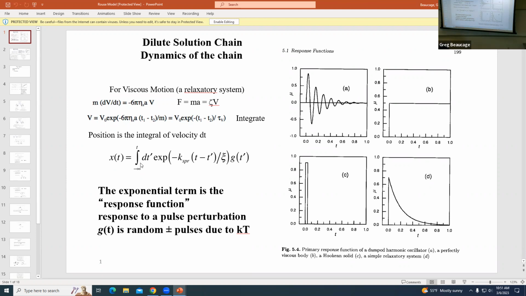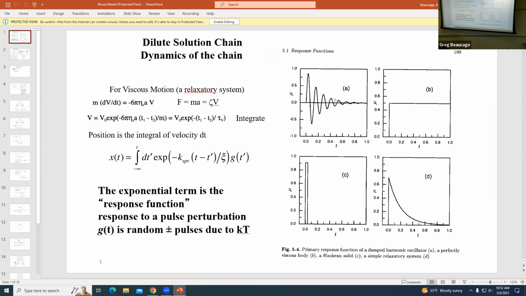So you end up with this exponential of K spring over that times t. So you have an integral from minus infinity to t to get the position where you are now. You start at minus infinity, the beginning of time, then you go to now, present time. And over all that time, your particle is subject to random fluctuations by kT, like pop, pop, pop, up, down. So the g of t here is the response function. If you say g of t is just a delta function, just one pop, like you hit a bell with a hammer and it rings, that would be a harmonic oscillator.